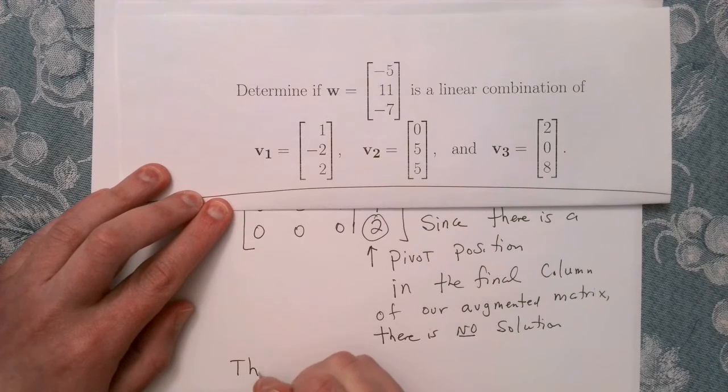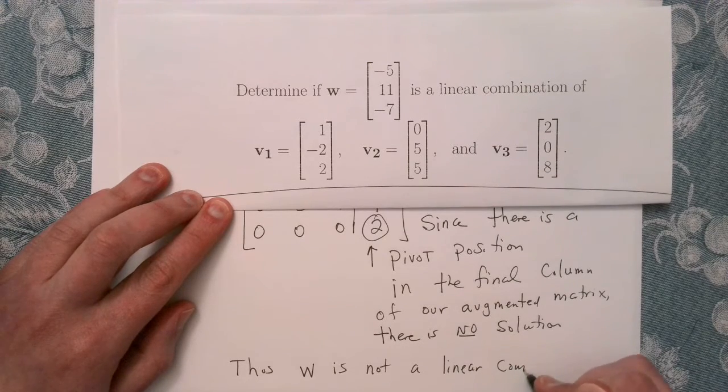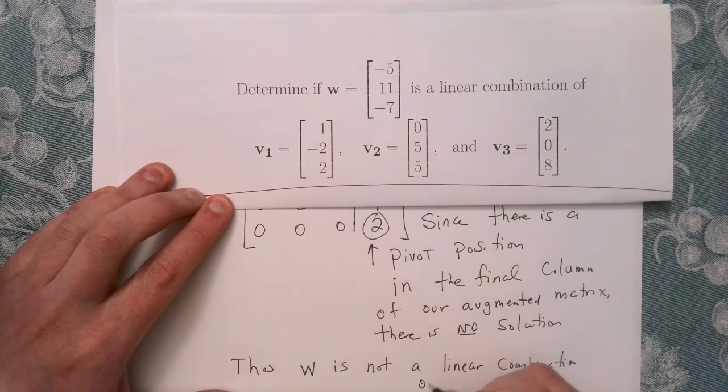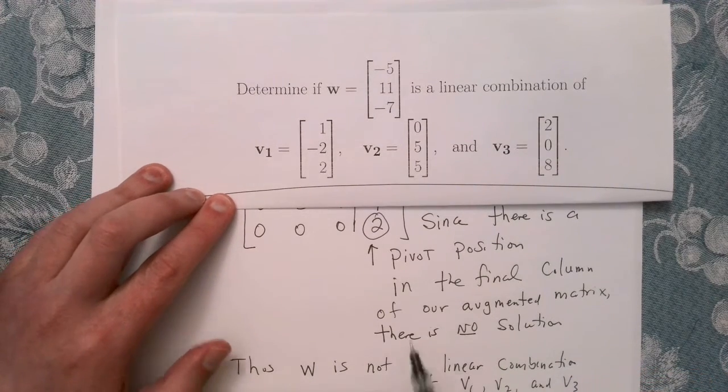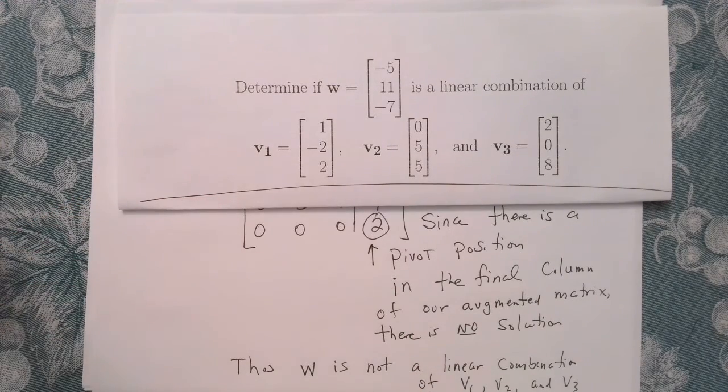And thus, w is not a linear combination of v1, v2, and v3. So this pivot position in the final column says you'll never be able to find c1, c2, and c3 such that the linear combination equation holds.